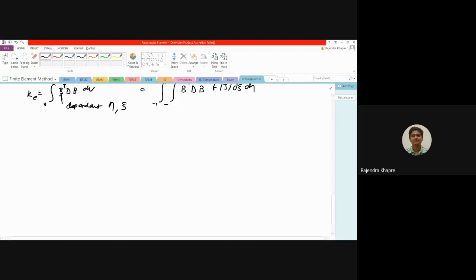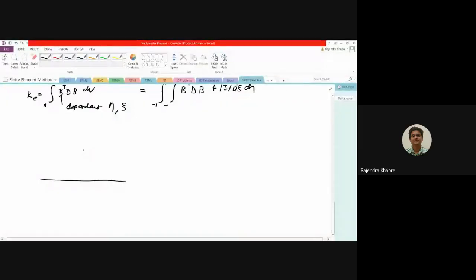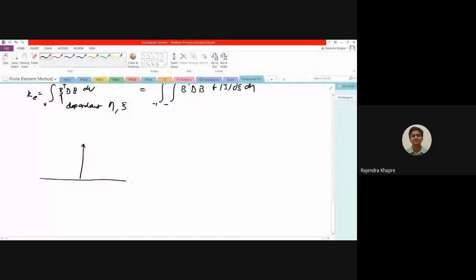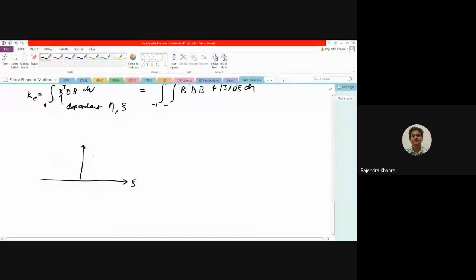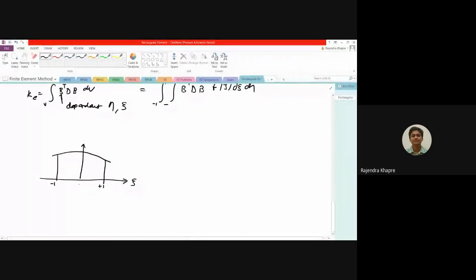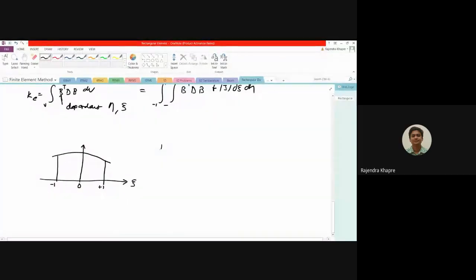If you have a coordinate system like this, remember, we took xi here, right? And we have drawn a curve like this, and here we have -1 and here +1.